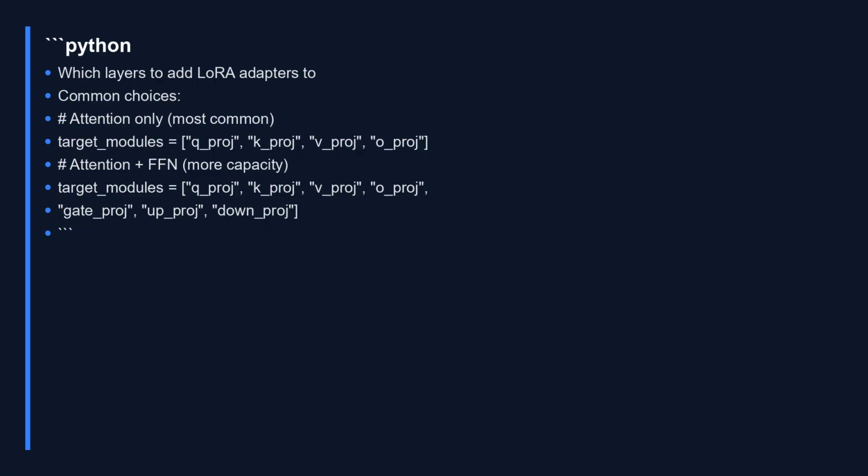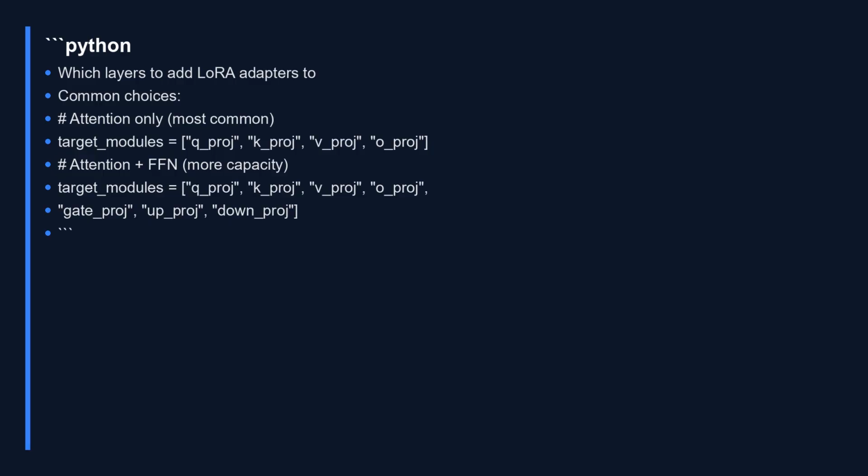Target modules determine which layers in the transformer actually receive LoRA adapters. The most common choice is the attention projections: q_proj, k_proj, v_proj, and o_proj, which covers the query, key, value, and output matrices in every attention head.